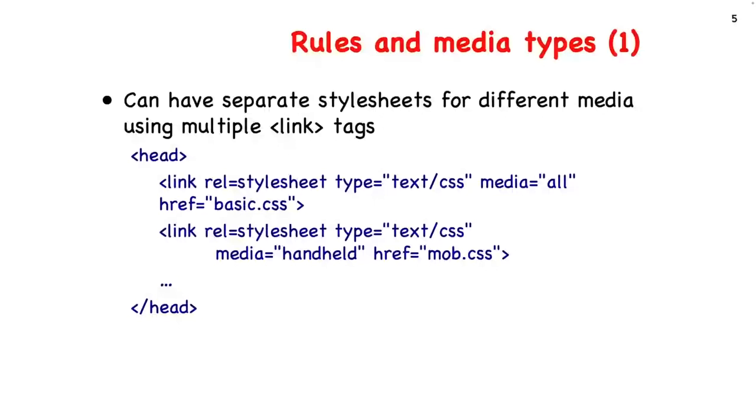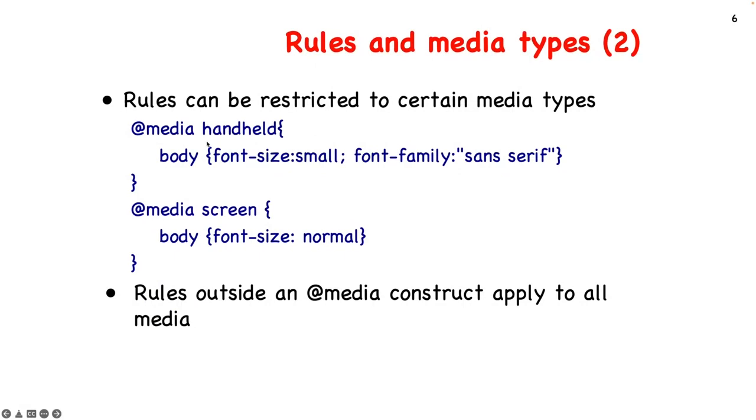Within a style sheet, we can have different style sheets. A later style sheet can override parts or the whole of an earlier style sheet rule. If we want certain rules to be applied to change rules for different things, we can have a media directive within our style file.